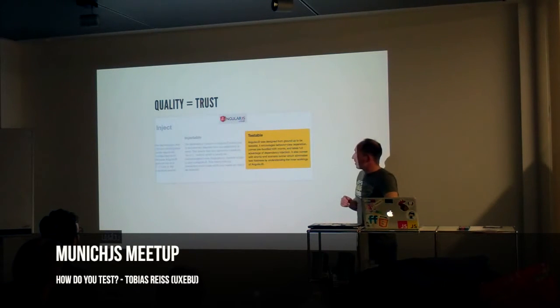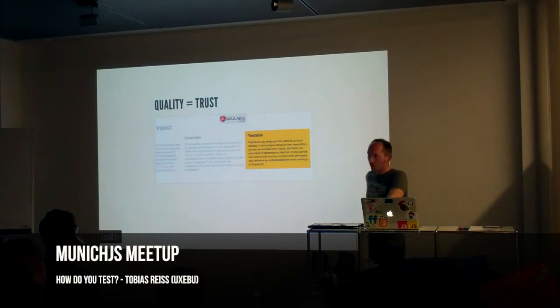But we also have very good examples where testing works very well, and I'd like to pick some of them. AngularJS is one of them. They even have pre-bundled mocks.